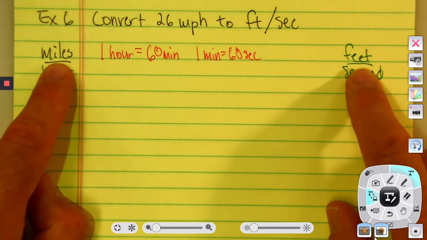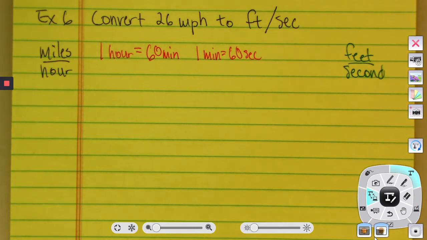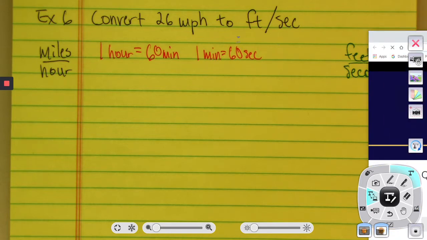But let's go back to the unit of distance here. Miles to feet. It'd be nice if I knew how many feet were in a mile. And by far the easiest way to do that is to Google it. Some people might have that memorized. I actually do have it memorized, but let's say you don't.